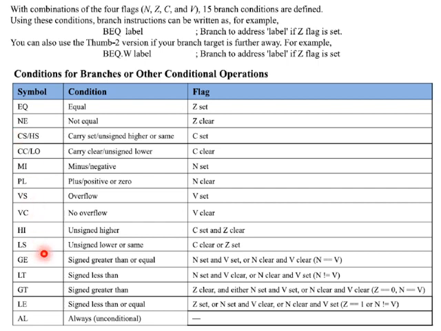So if you consider these conditions, similarly we have a few more conditions, that is signed greater than or equal, and one more is signed less than. Okay, so these two conditions depend on more than two flags. One is N flag, another one is V flag. Okay, so N flag whenever it is set, and overflow flag is also set.